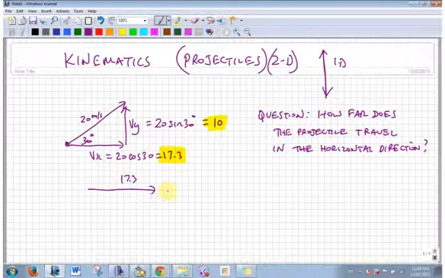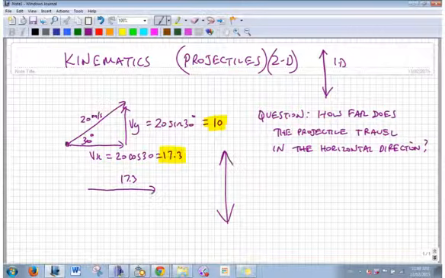Until it hits the ground, right? I don't care what it's doing up and down. We know it goes up and it probably comes down, unless I threw this thing really, really fast. But gravity being what it is on this planet, it's probably going to be coming back down.